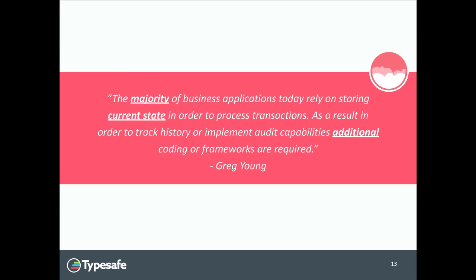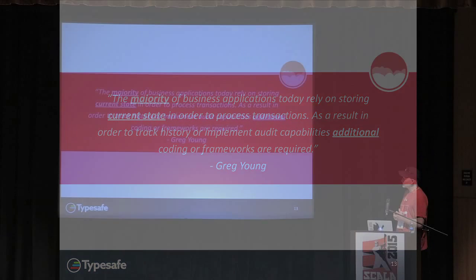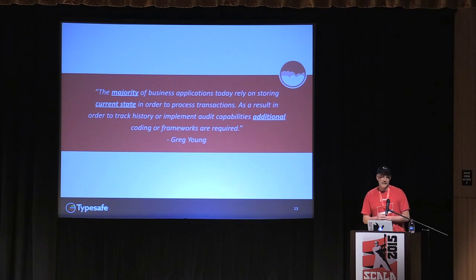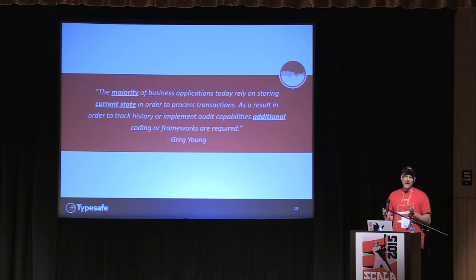Historically, I'd say the last 20, 25 plus years, the majority of business, and I say that specifically, business applications have relied on storing something known as current state, right? What is the situation now? That's what I care about. And in order to process this, you process transactions, and then if you want to know things that had happened but were not recorded, you have to implement some kind of audit logging.